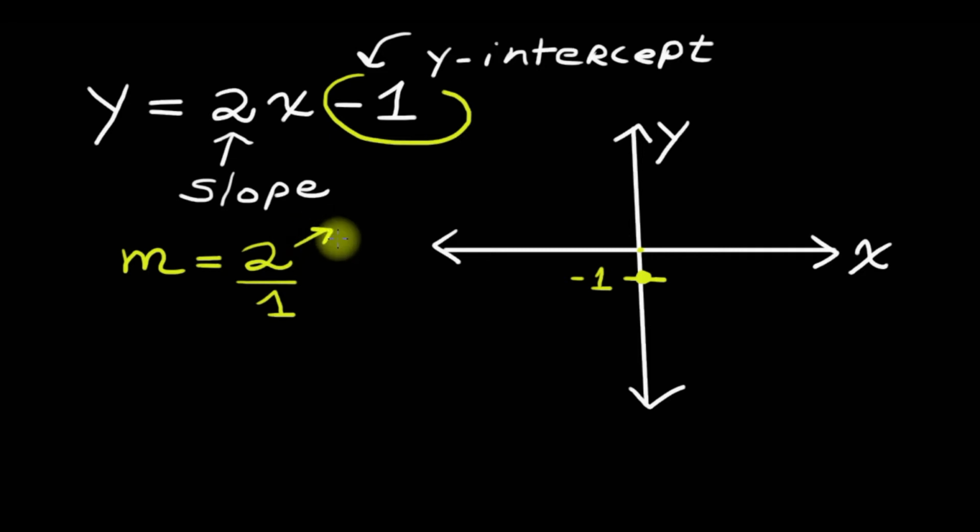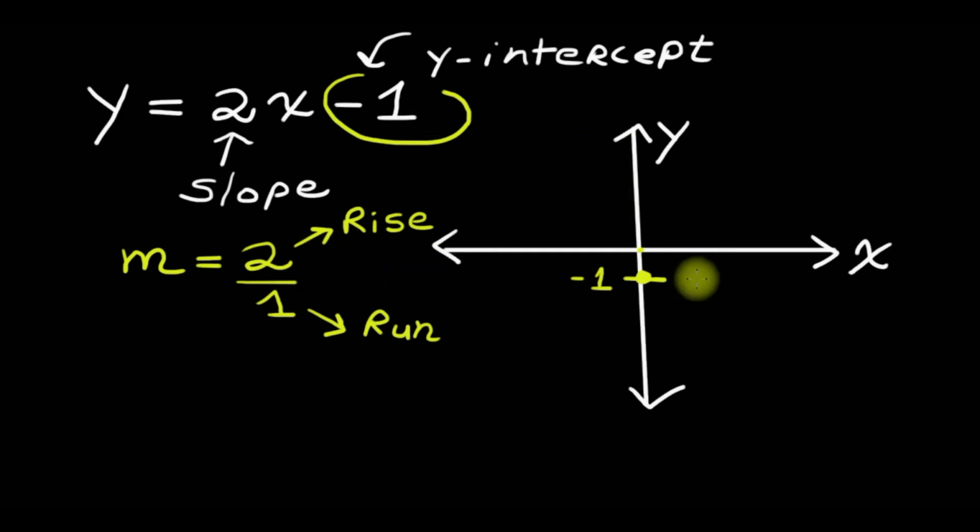So the 2 is your rise, and the 1 is your run. Rise is when you go up and down, and run is when you go left or right based on these numbers.